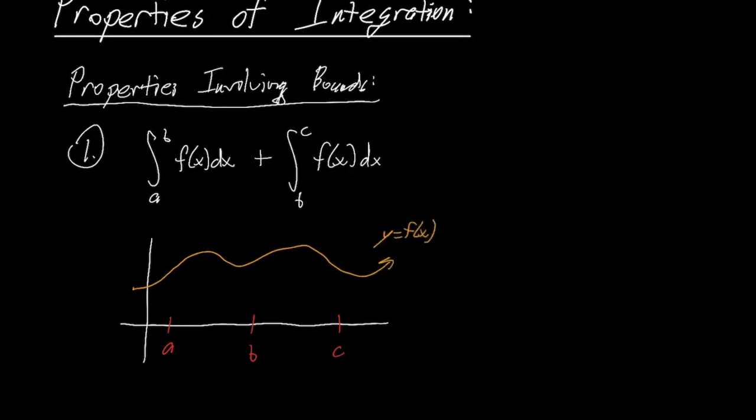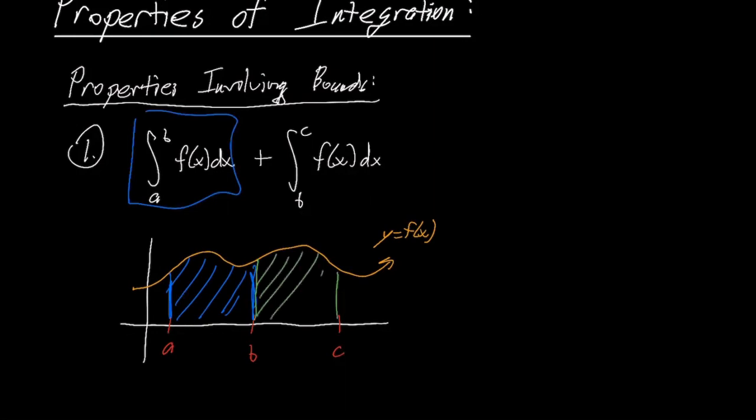And this first integral represents this area here, right? That's that integral. And the second one represents this area. Well, you can probably guess where I'm going with this. This is equal to the whole area, the integral from a to c of f of x dx.